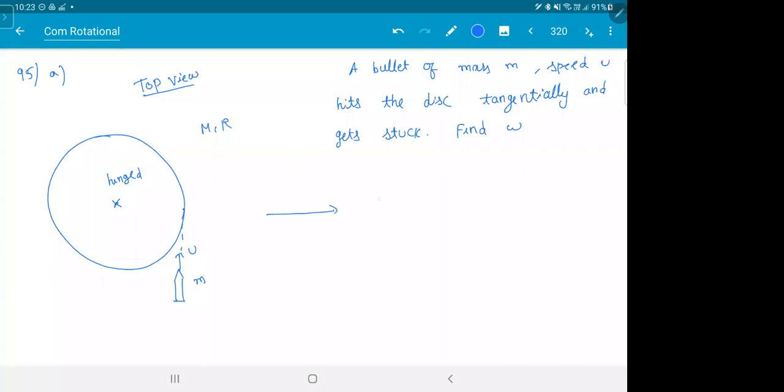So after getting stuck, what happens? This bullet is stuck like this inside, and this whole setup is rotating with omega. Just the problem which I showed you right now. Instead of a bullet, he threw a mass which went and got stuck on the table.